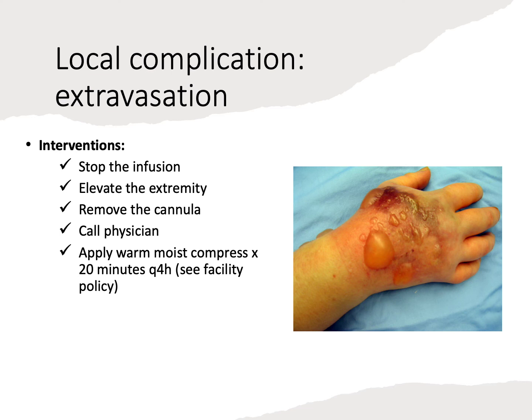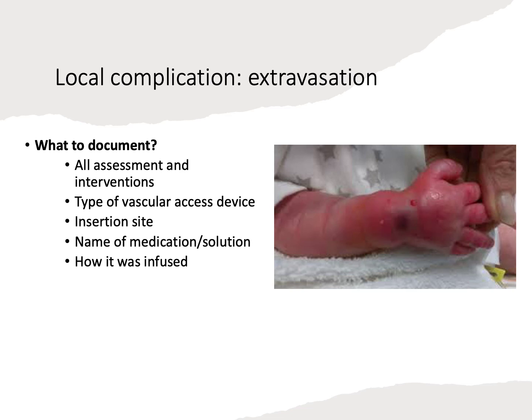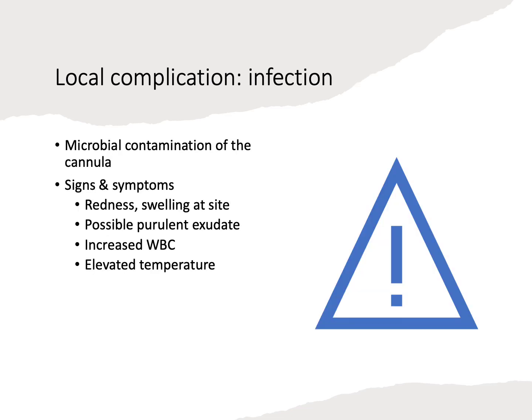Be aware of what you're giving. Be careful if you're giving vesicant medications. Watch more closely. Consider putting in a different line, a different device. So what to document, I think I already went over all that, so we'll keep going.